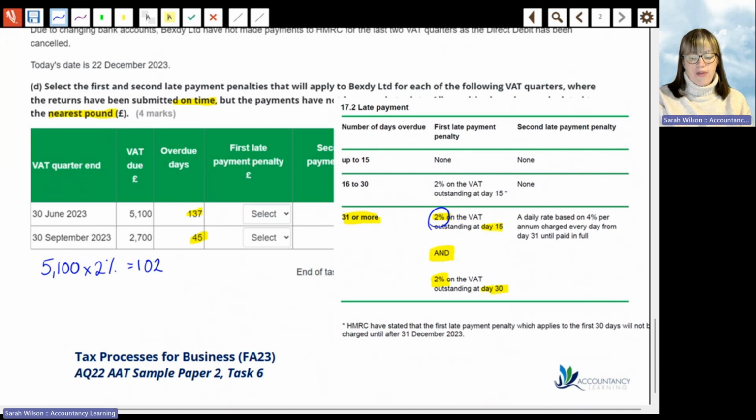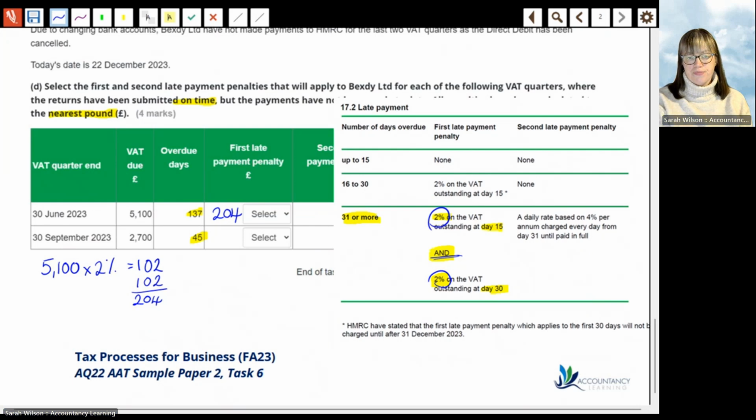But we can't stop there because we also need to do 2% on the VAT that's outstanding at day 30. Now, no payments have been made, so still the full amount is going to be outstanding. So we're going to do this calculation again, so it effectively doubles. So we're going to have another £102, which gives us £204. So our first late payment penalty is £204.